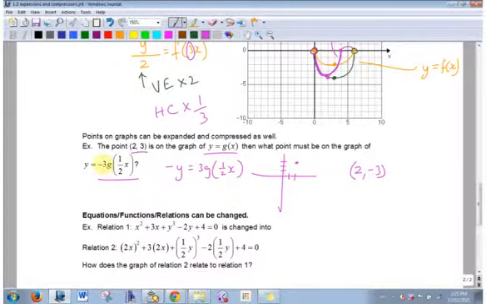And then what does the 3 do? That's a fraction on the y. That's a vertical expansion by a factor of 3. So that becomes 2. Negative 3 times 3 is negative 9. Lastly, what does the half do?